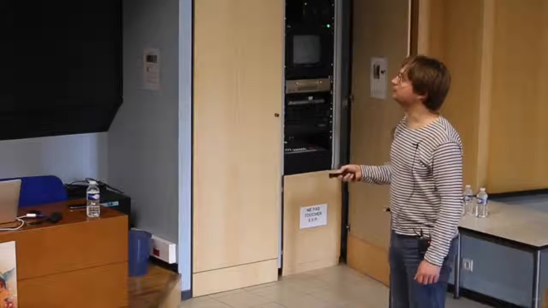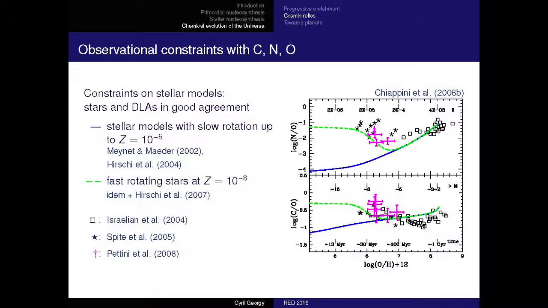And to check the observation, these are observed stars. We can also observe DLA systems, which are measurements of the chemical composition of the interstellar gas, instead of directly measuring it in stars. And you see that the agreement is also quite good with respect to what the models predict.